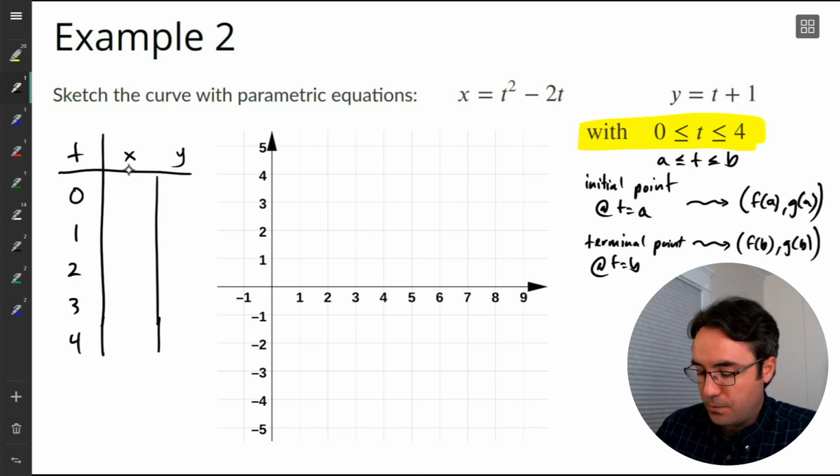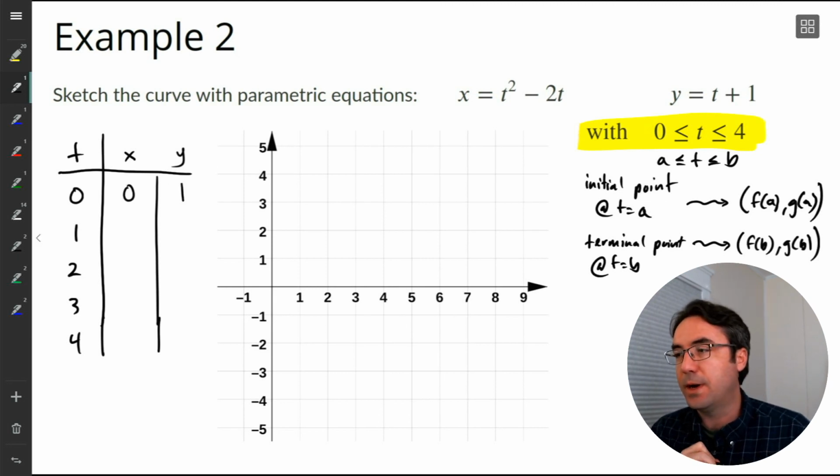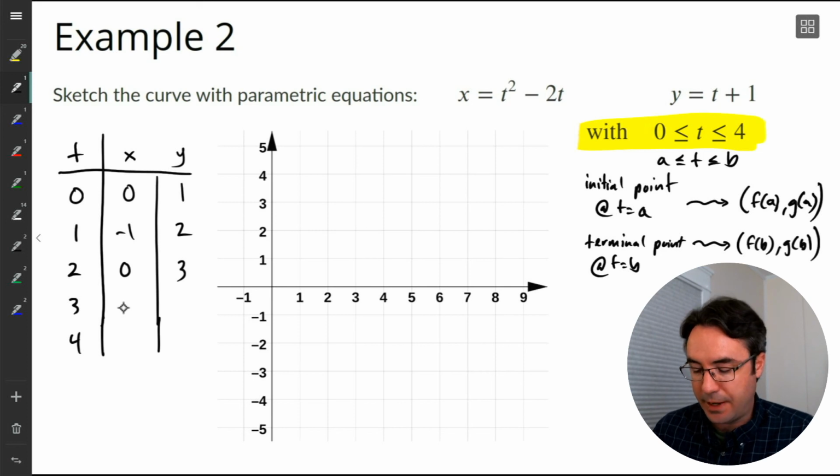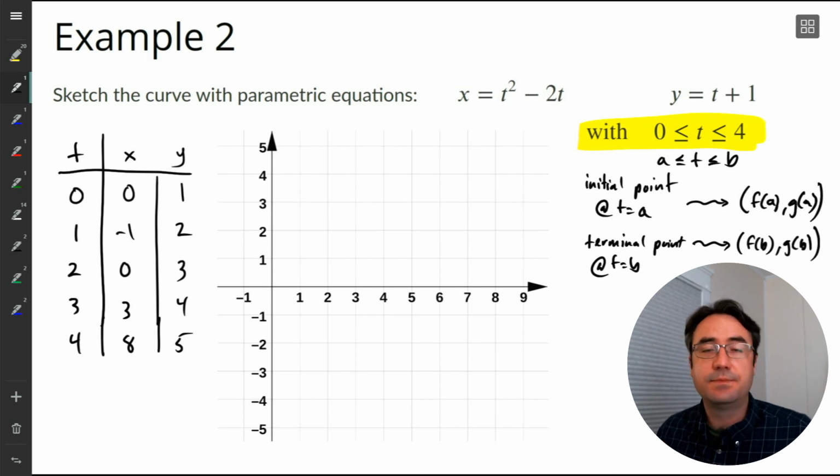All right, so what were the corresponding points here? Well, we saw when we plugged 0 in, we got 0, 1 for our y coordinate there, then -1, 2, 0, 3, just repeating what we had, 3 and 4, and then 8 and 5. So this was just our table of values that we had in example 1.